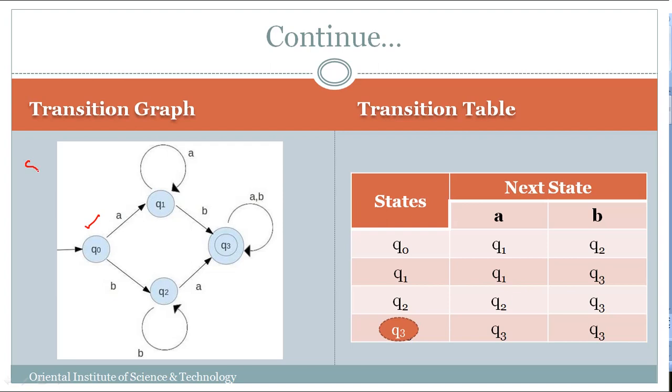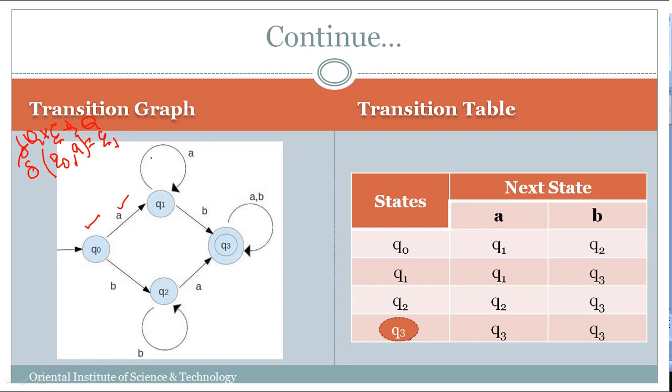If we represent it by a transition function, the state Q0 getting input A reaches Q1. It is nothing but Q cross sigma into Q. This is our mapping function, or you can say the delta function. This is the directed transition, where the weight is the input.